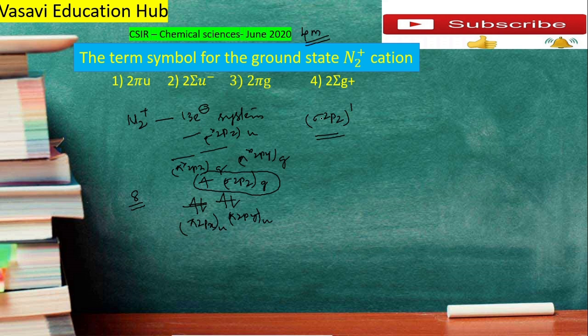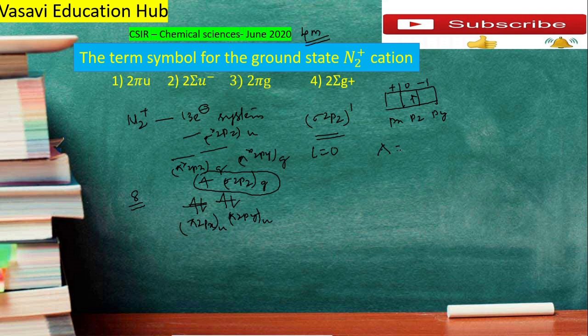Please remember, students, if the electron is present in a sigma level, obviously the term symbol value is always equal to 0. Otherwise you can write it as it is, 1, 2, 3, that is px, pz and py. That electron in the pz orbital is equal to plus 1, 0, minus 1. So the value here, not L value, this is lambda.